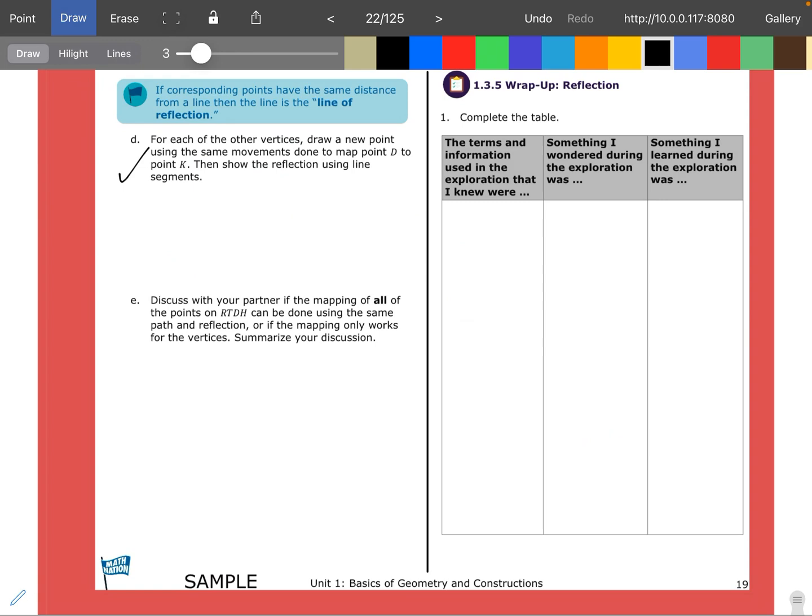Describe the relationship each line segment has to the purple line. Both line segments are perpendicular. Oops, I'm sorry, I read the wrong question. Here we go. Discuss with your partner if the mapping of all the points on R, T, D, H can be done using the same path and reflection, or if only the mapping works for the vertices.